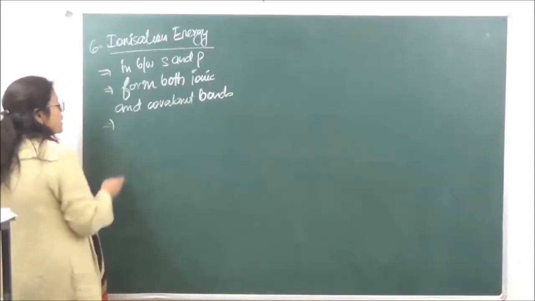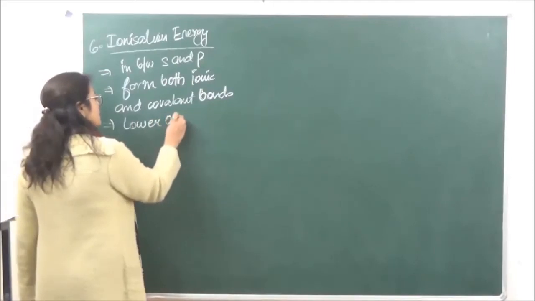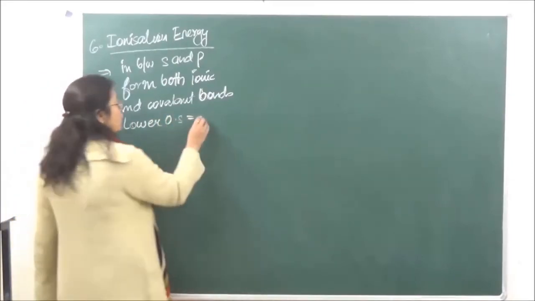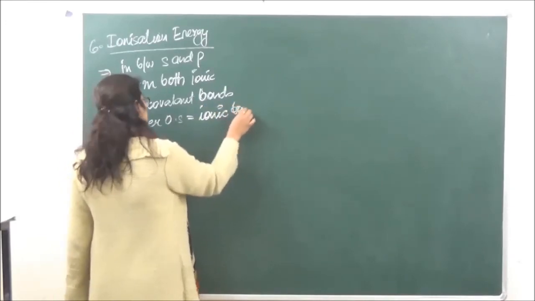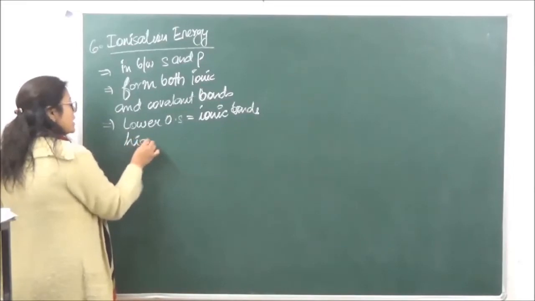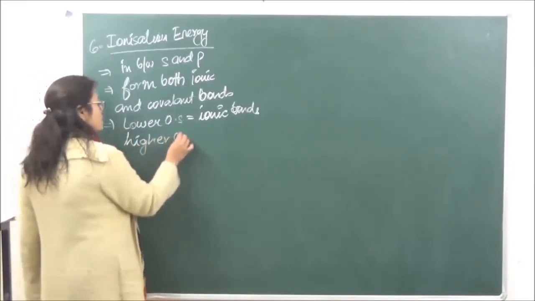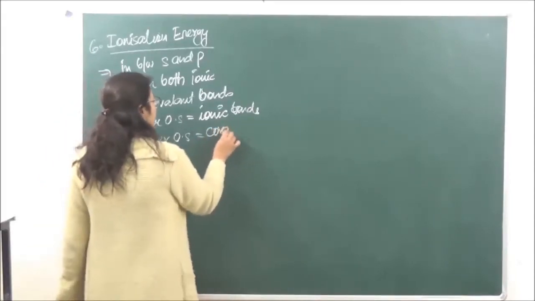The ones which are in the lower oxidation states form ionic bonds, and the ones which are in the higher oxidation states form covalent bonds.